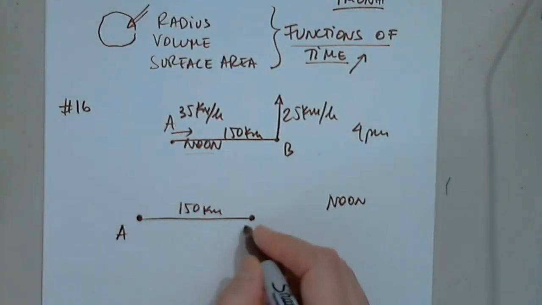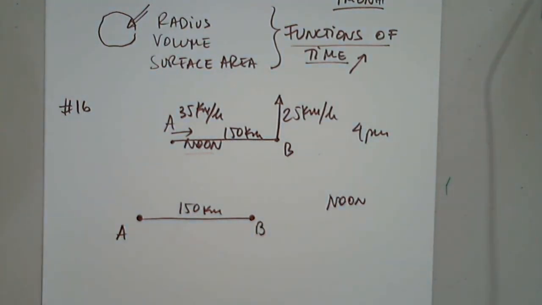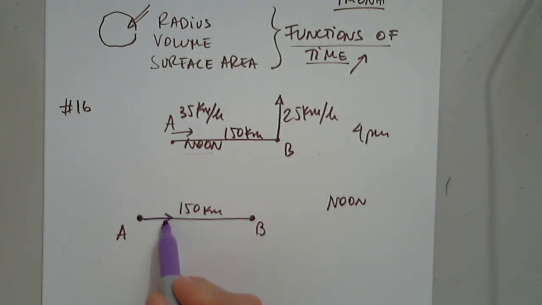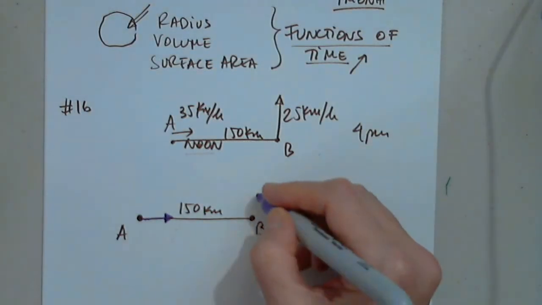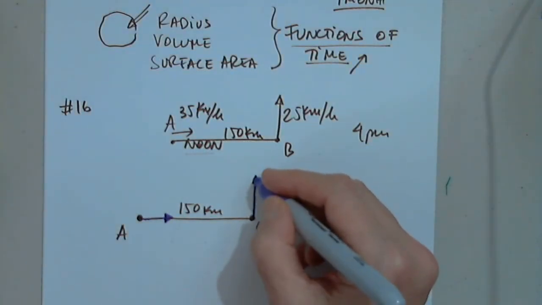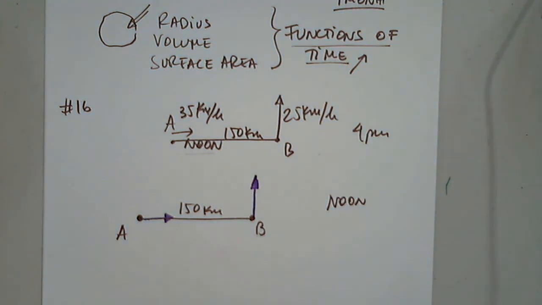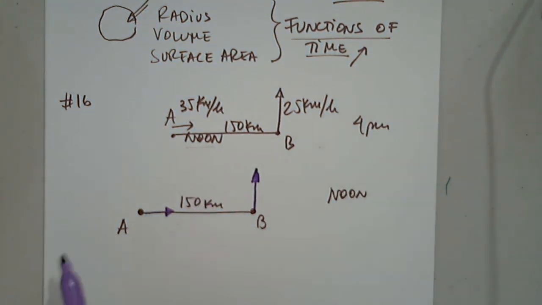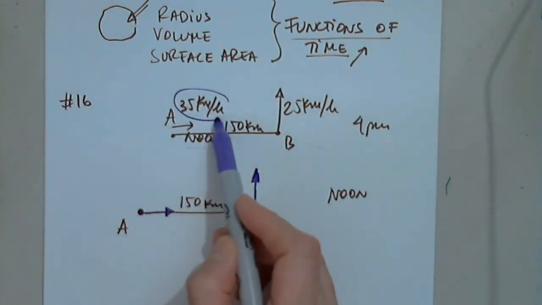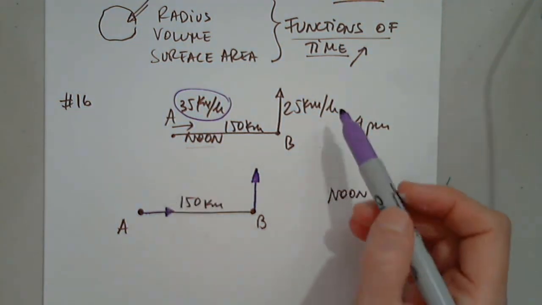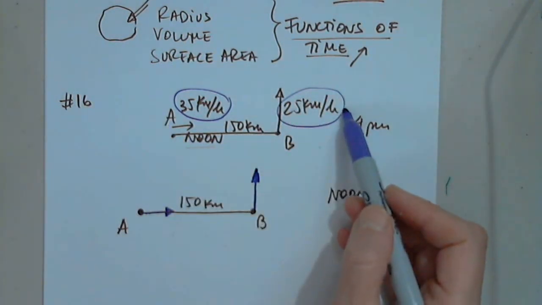This is A and this is B. Then we know that A starts sailing this way and B starts sailing this way, and the speeds are given to us: 35 and 25.